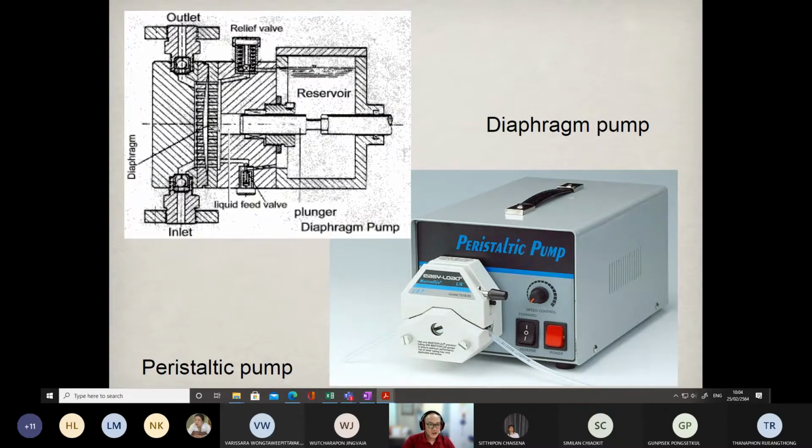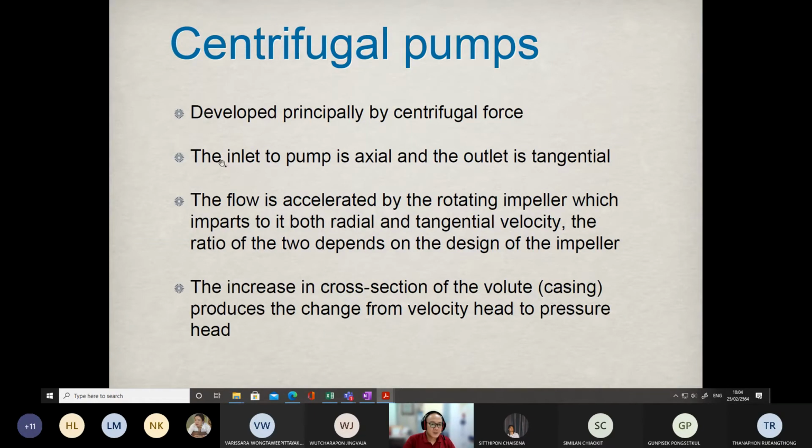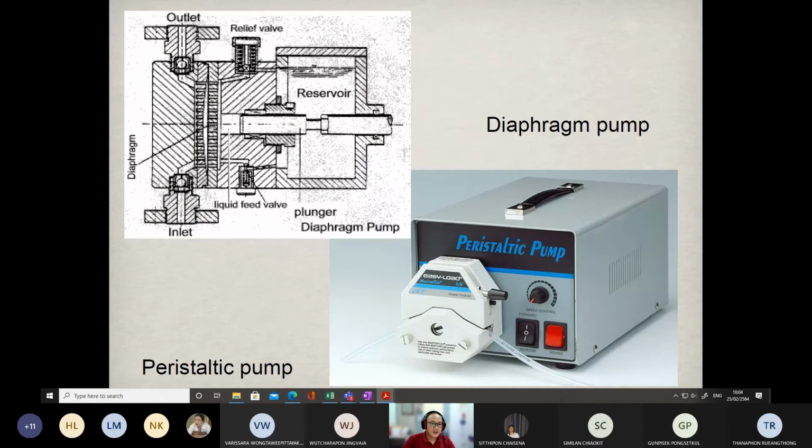When the plunger moves to this side, the diaphragm is also pushed to the other side, so water can get into this chamber, and then once it pushes back, water can get out from this chamber. So this is how the diaphragm works.